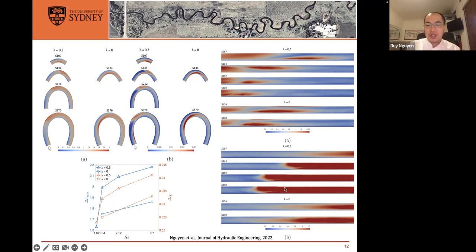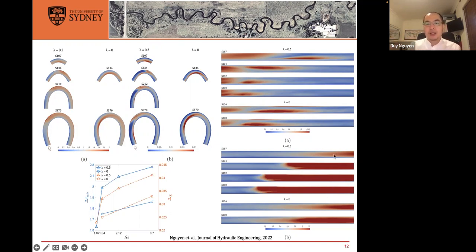The two on the right here show the wall shear stress. A is the inner bank and B is the outer bank. When I increase sinuosity, it decreases the wall shear stress in the inner bank, and it also increases the wall shear stress in the outer bank.